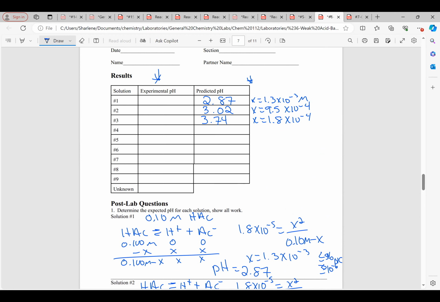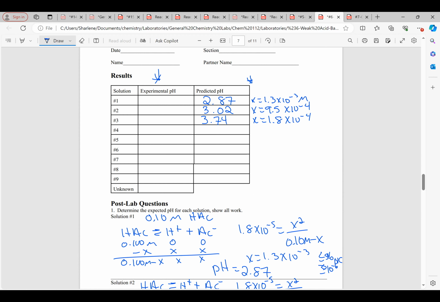All right, before we go any further, are there any questions on how I found the X and the pH for those solutions? No? Okay. The beauty of this is it's supposed to sing to us now.